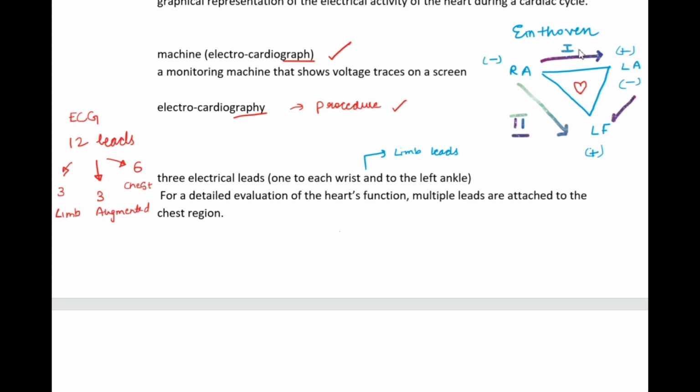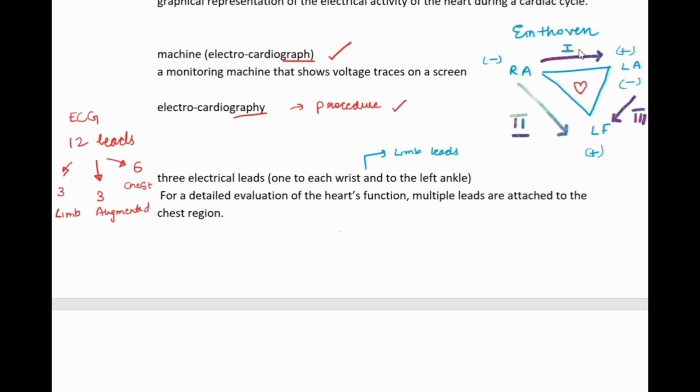As I told you, the right arm is always negative and the left foot is always positive. Since the right arm is negative, the left arm should be positive to form lead 1. Since the left foot is always positive, the left arm should be negative to form lead 3.